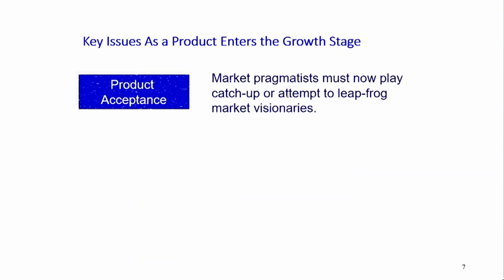So, key issues as a product enters the growth stage are the following: product acceptance, because the pragmatists must now play catch up. So, they will be rapidly adopting and the volume will increase, and therefore, it will exceed the volume of the previous stage.